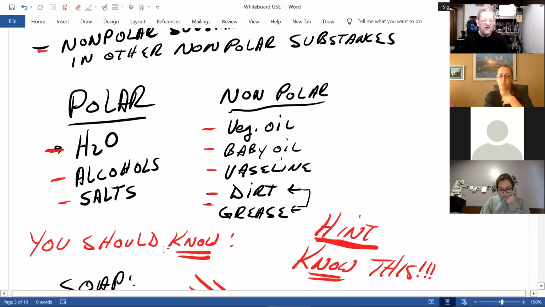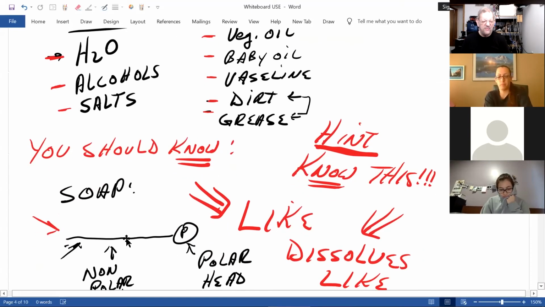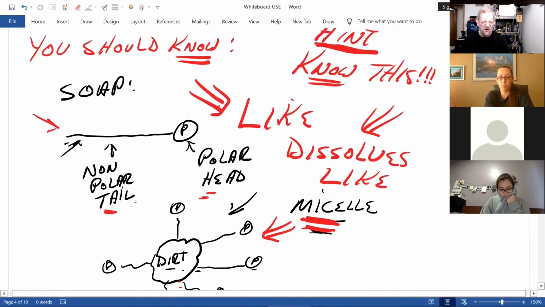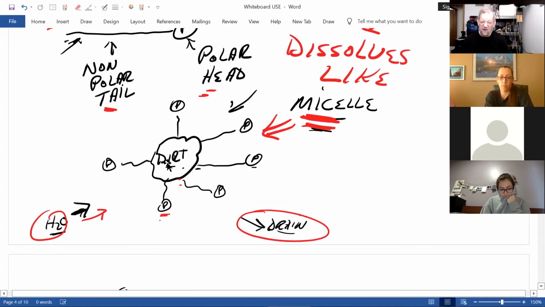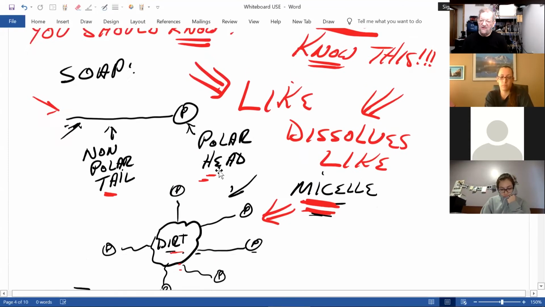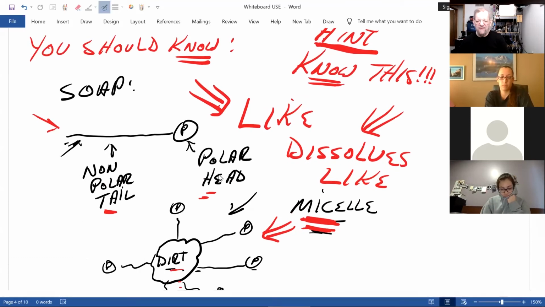Anyways, you should know the structure of soap. Non-polar tail, polar head. Dirt, non-polar. It won't attract water because like dissolves like. The whole important piece of the puzzle is like dissolves like.